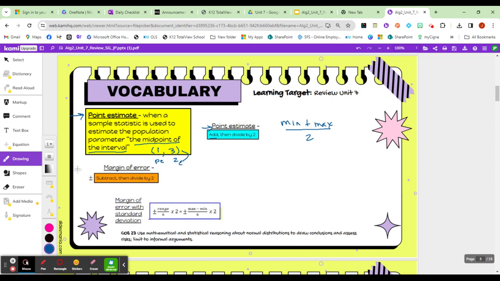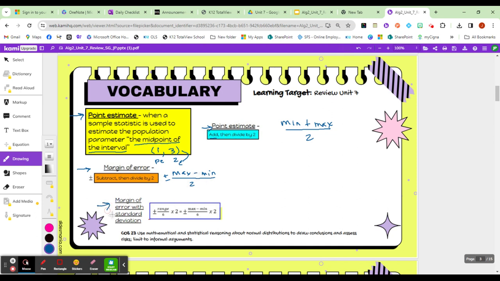When you're doing margin of error, it's plus or minus, and then we're going to subtract. The max always comes first because it's larger. We always want the larger number to come first when we're subtracting. A lot of people forget that plus and minus, and then we would divide by 2. So margin of error plus and minus, max minus min, divided by 2.